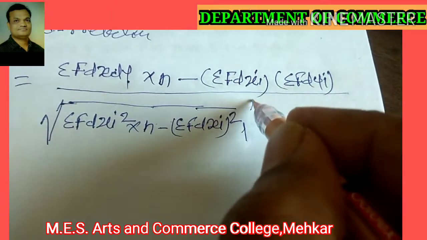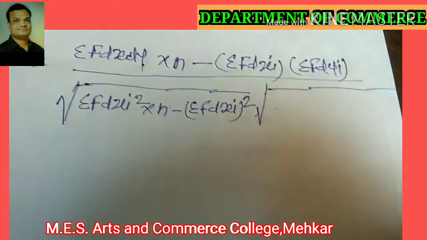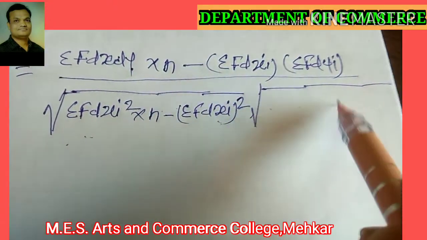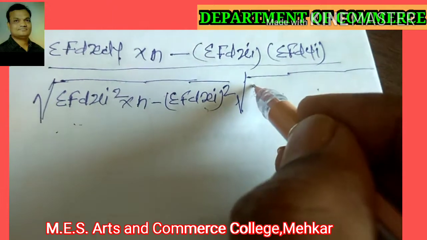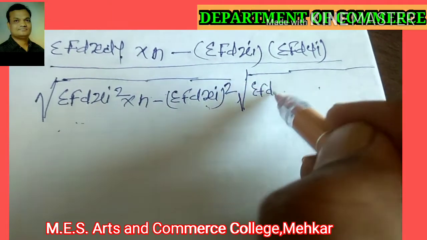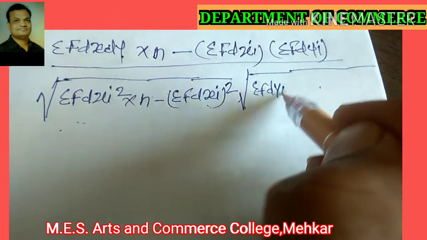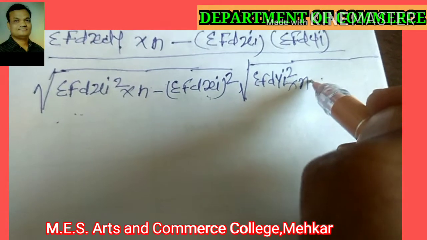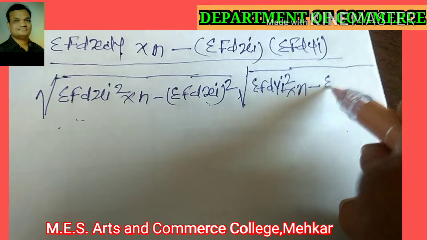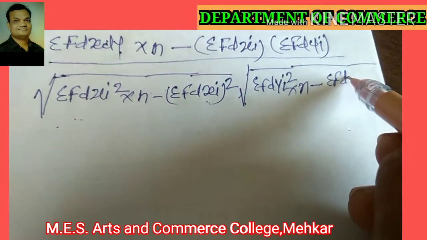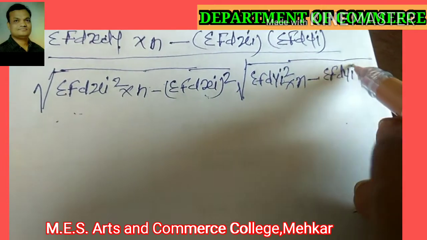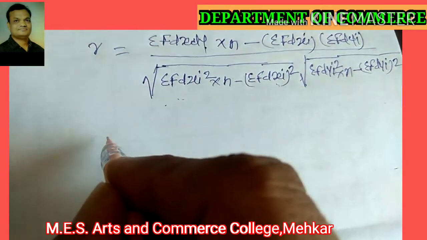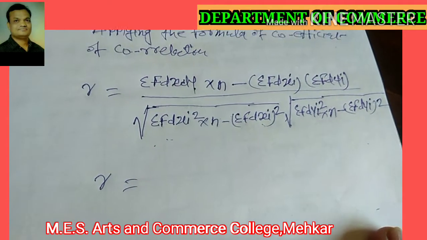In other under square root, the same formula we have to apply for the y series: sigma f dy I square into n minus sigma f dy I bracket square. Okay, now we have to fill the values in this formula.